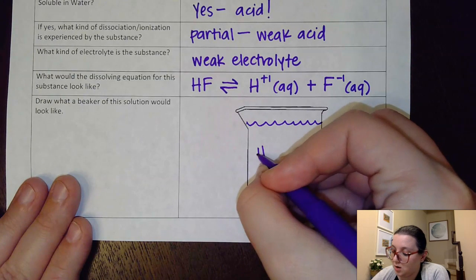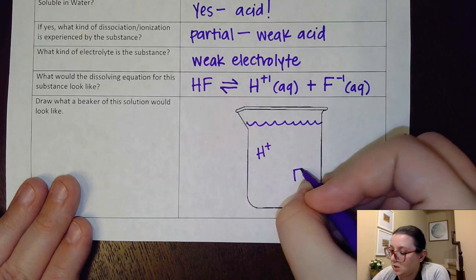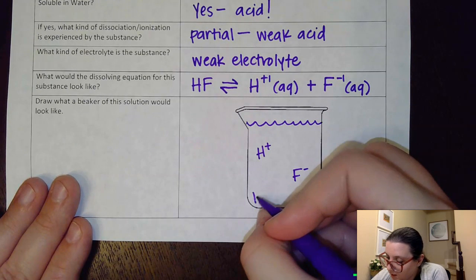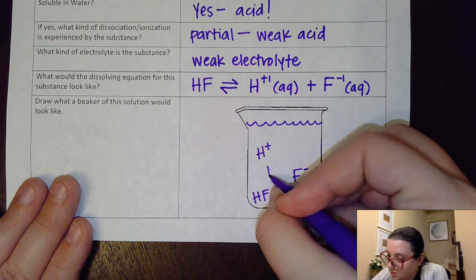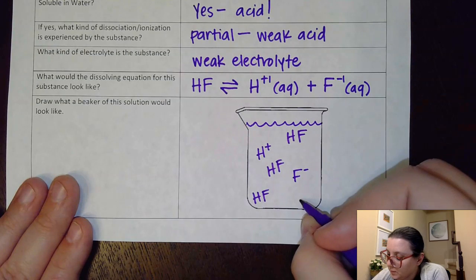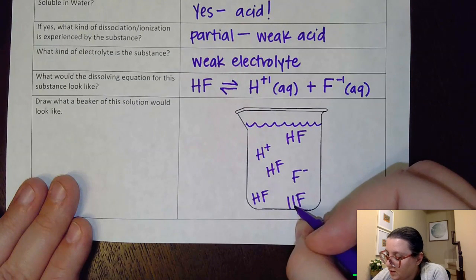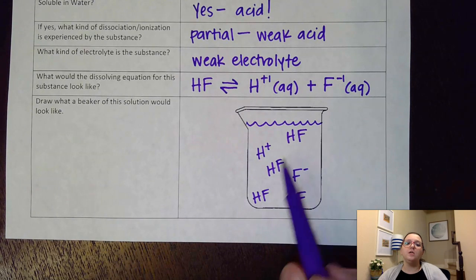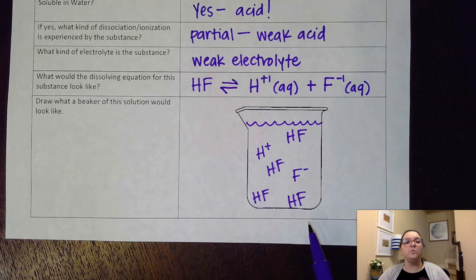So I'm going to draw a hydrogen and a fluorine ion in here. But then I'm going to draw a whole bunch of HF that has stayed together. So that way I'm showing that, yes, I'm going to get some split up, but a lot of this is going to have stayed together, which is what makes it a weak electrolyte.